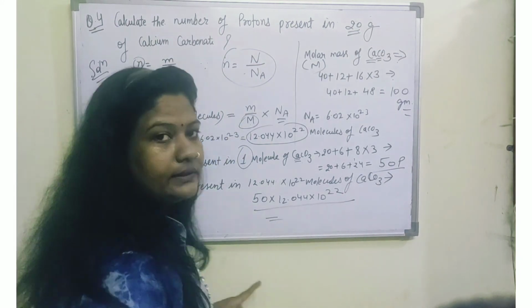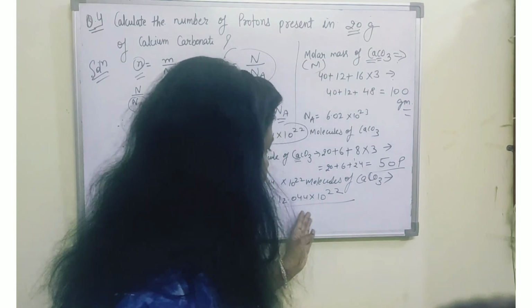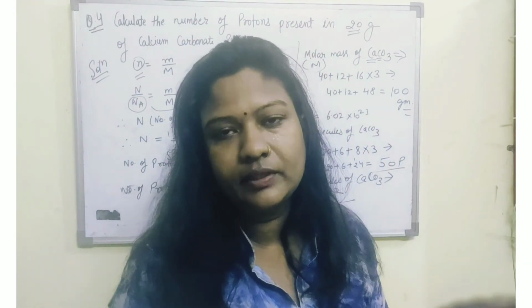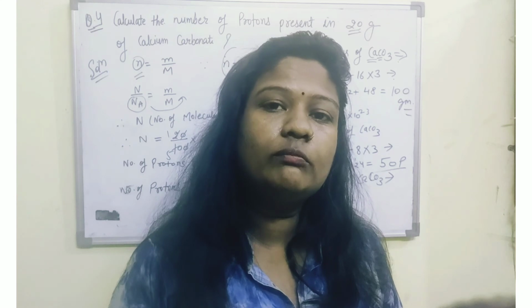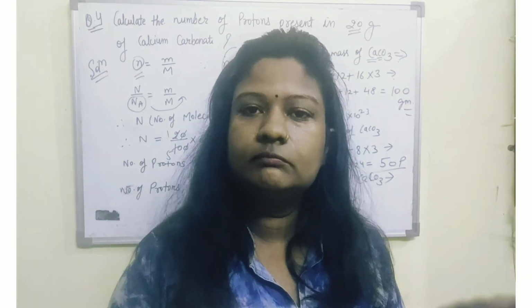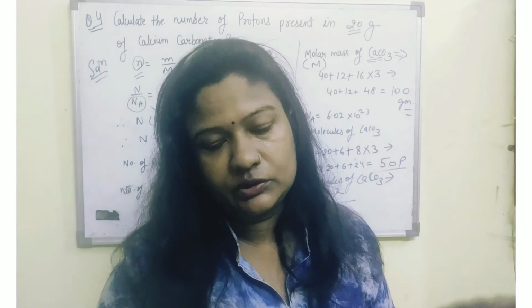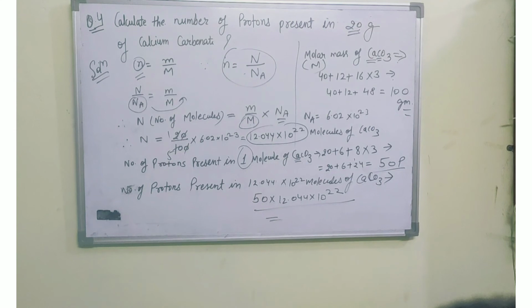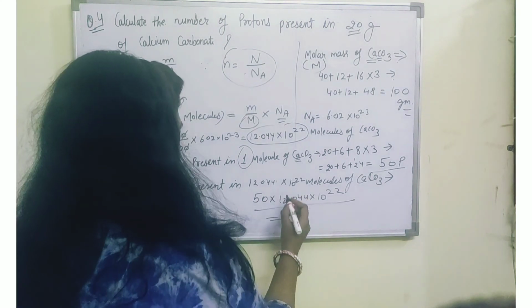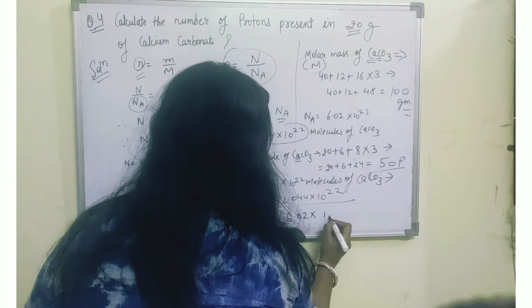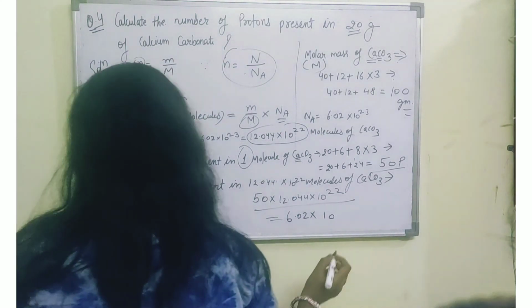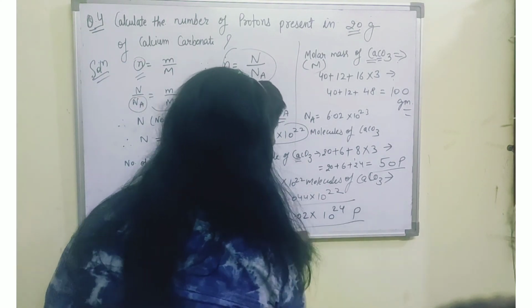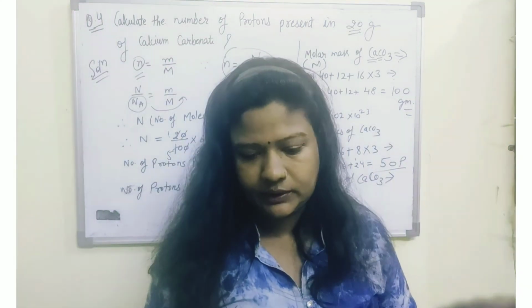You will calculate the values and you will get the answer. In this way, you can calculate the number of protons present in a given mass of any compound, correct? The answer you get is 50 into 6.02 into 10 raised to power 24 protons. Okay, this many protons will be present.